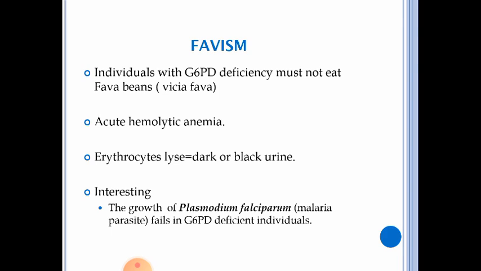This reduced glutathione will not be available in patients who are having G6PD deficiency. So this parasite will not be able to survive in those individuals, because it requires reduced glutathione for its survival.